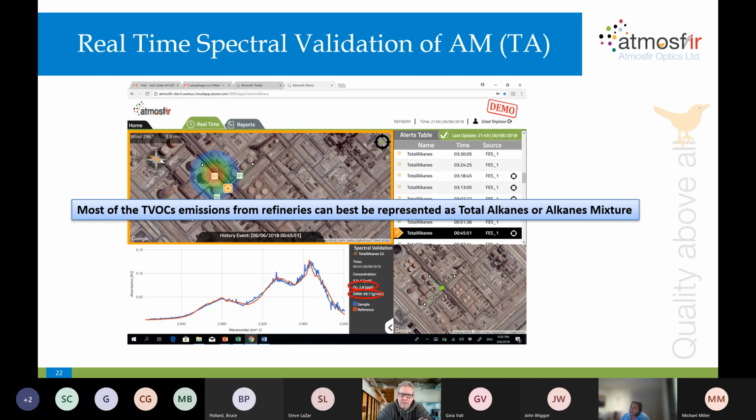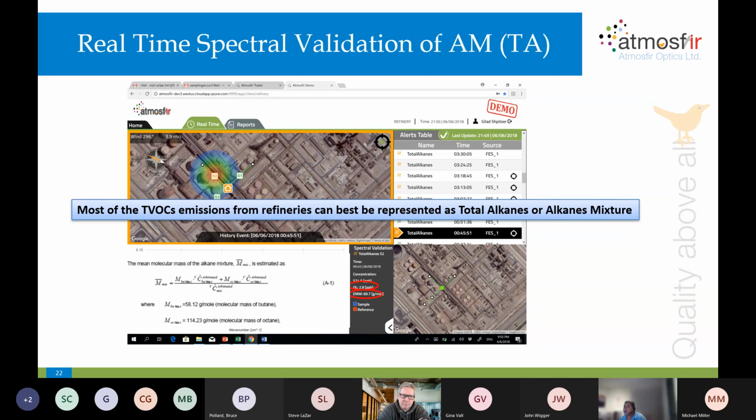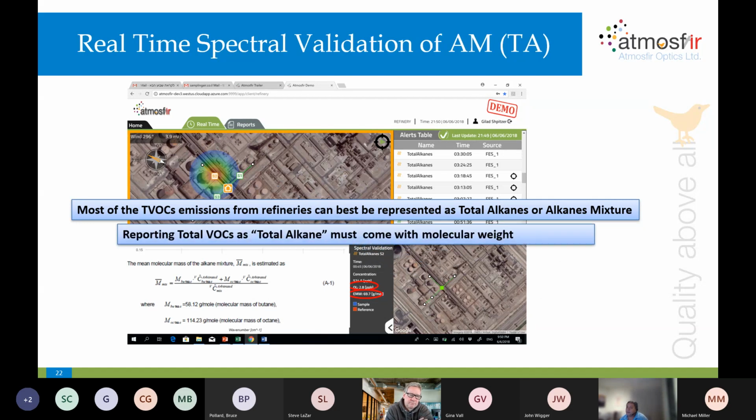So I think every time people report total alkanes or total VOC or report any mixture, it must come with equivalent molecular weight. And again, there is a procedure that says how to do it. And unfortunately, not all the refineries work like that.